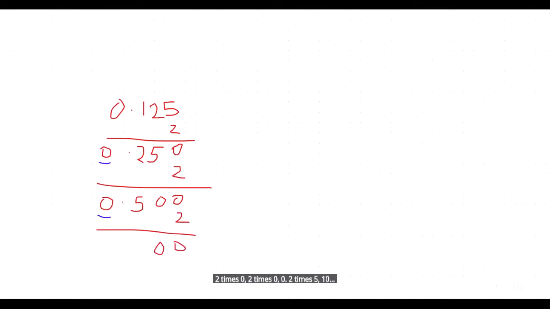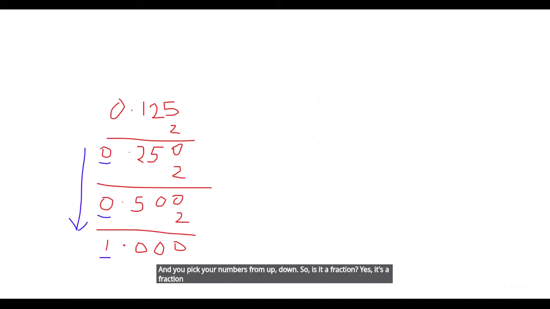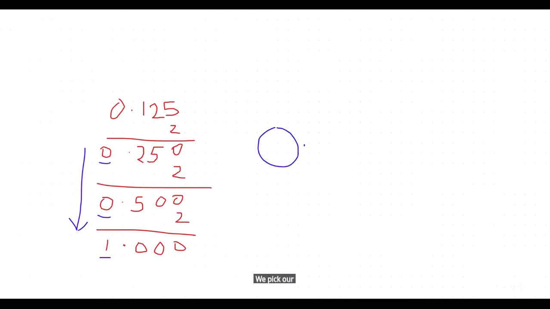Carry 1. 1 is here. We stop when the fraction side is 0, and you pick your numbers from up, down. Is it a fraction? Yes, so 0 point, and we pick our numbers, 0, 0, 1. So this is the binary equivalent of 0.125.